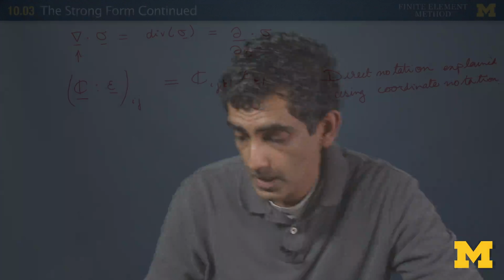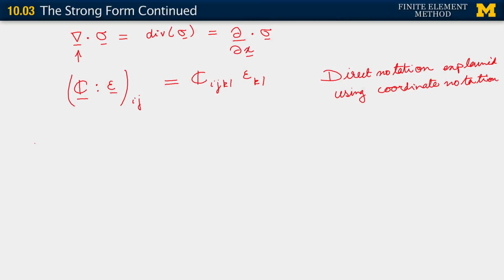Now, however, in order to develop our formulation, I'm going to prefer to use coordinate notation because it makes all the manipulation of indices much more transparent. Long before we get into that, however, we need to say a little more about the constitutive relations. So let's do that.